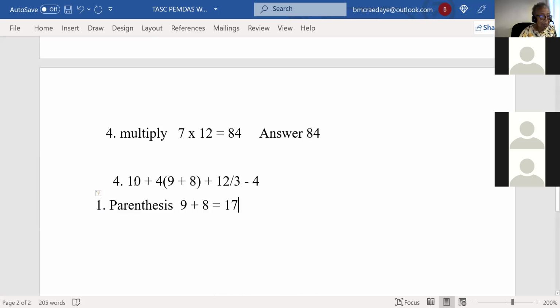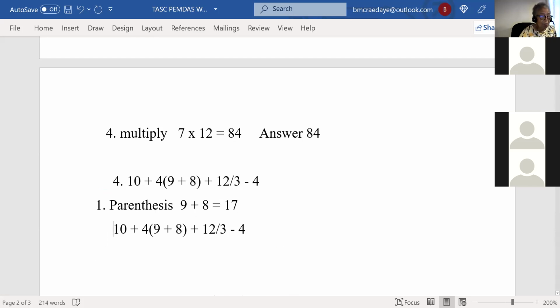Okay, now let's rewrite this and put our 17 in there, because we take the parentheses away and replace them by 17, the addition of 9 and 8.